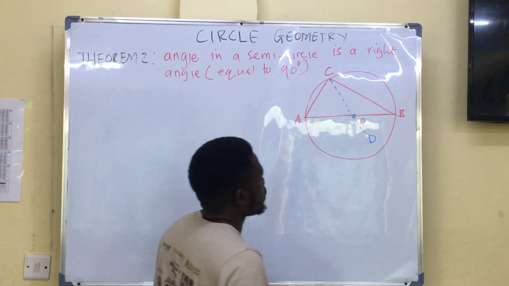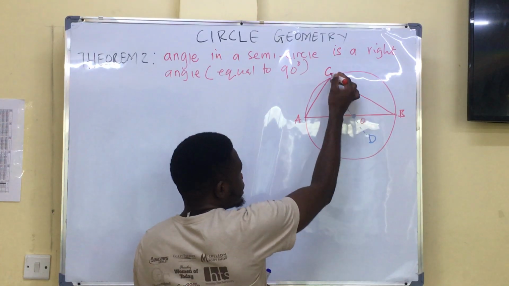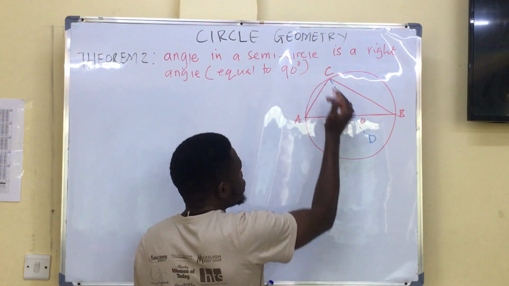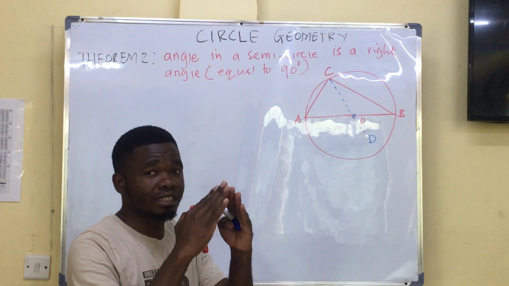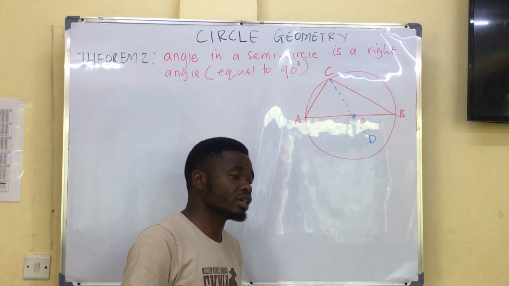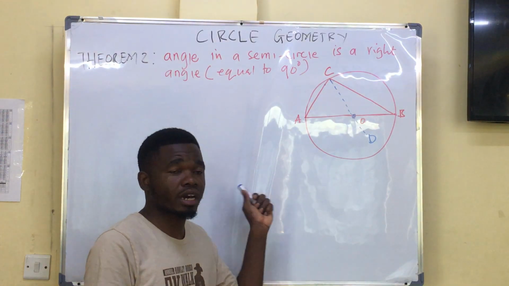Fine. So meaning that OC and OA are equal, this triangle ACO is an isosceles triangle. Why? Two sides of an isosceles triangle are equal. Remember, in the first lesson I said that we'll mostly use isosceles triangles when proving these kinds of theorems, right?